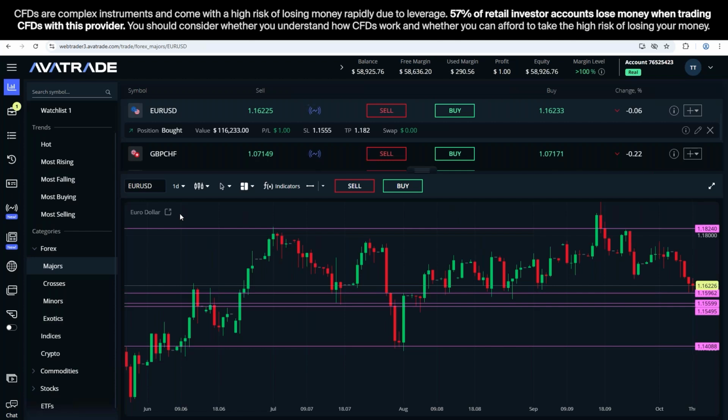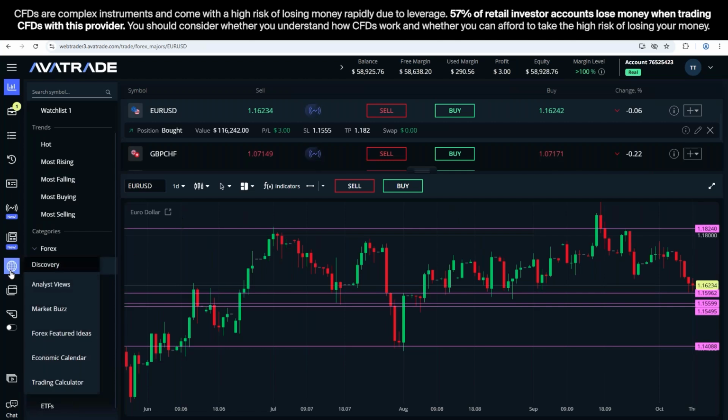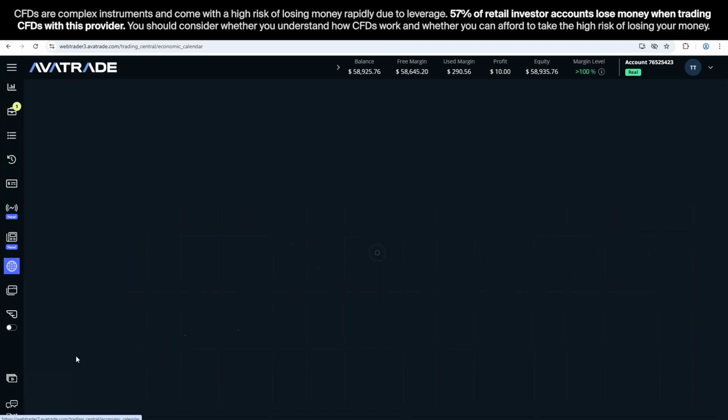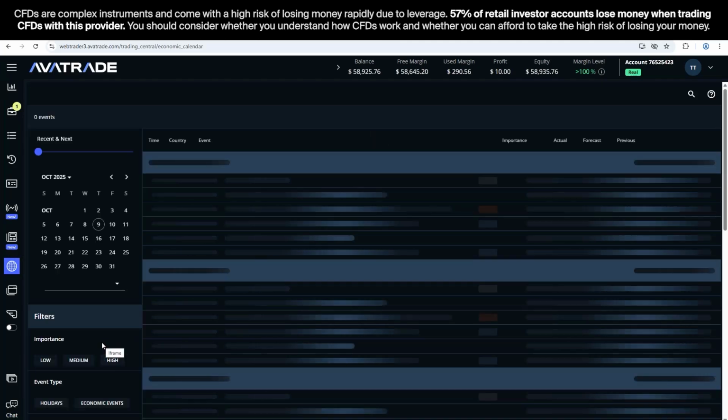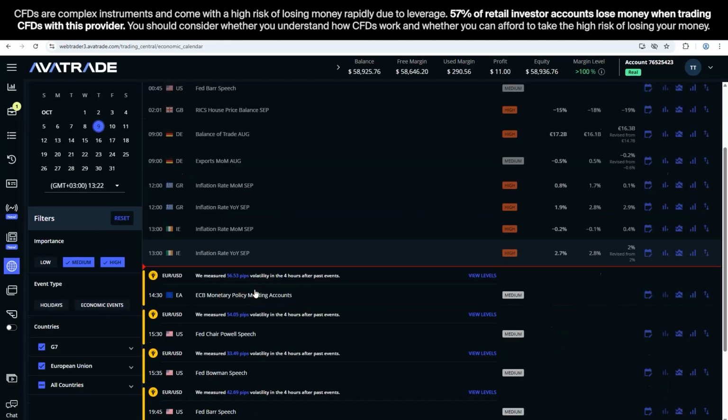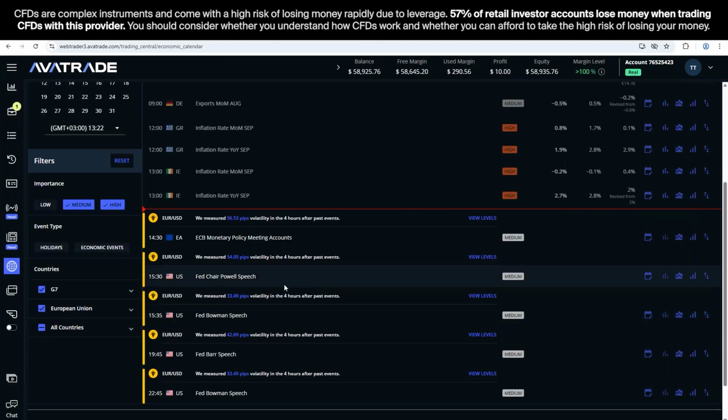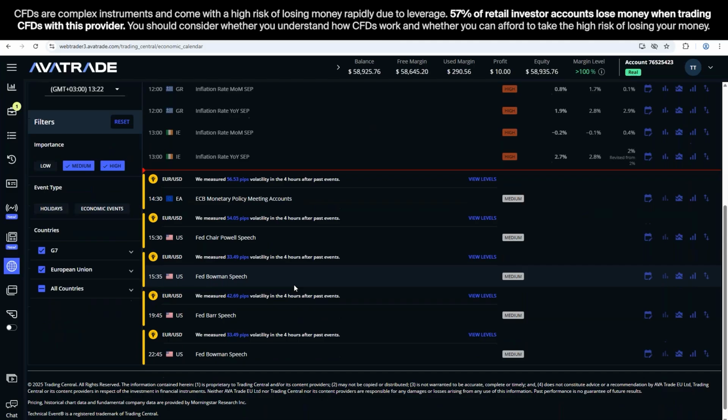Now, taking a look at some other ideas, if we go back to the economic calendar, besides Jerome Powell speaking today, which is here, we can take a look. There aren't a lot of announcements today, and you see there are a lot of Fed speakers today. Okay, the Fed chair, Jerome Powell, but then other members, Bowman, Barr, Bowman again.